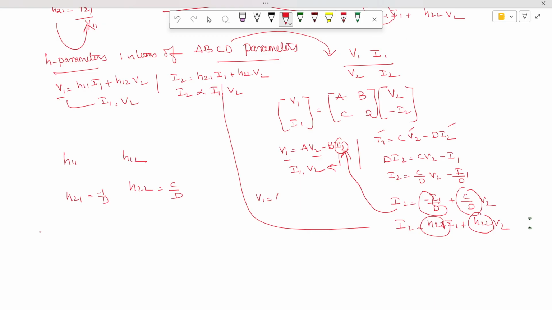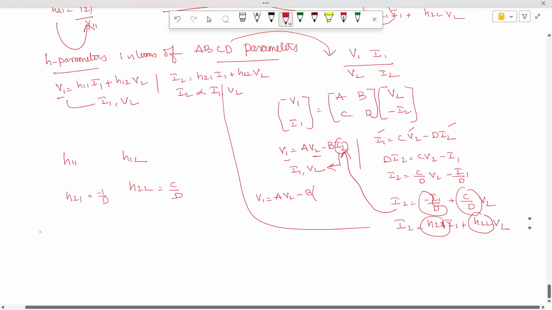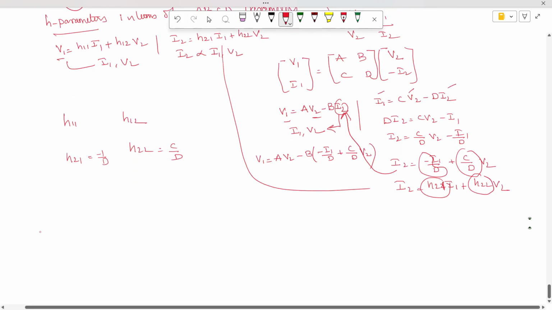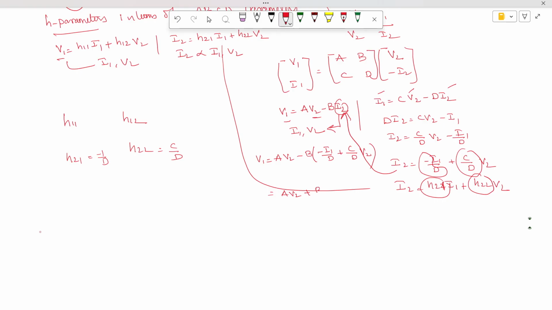So V1 is equal to A V2 minus B into I2, which is minus I1 by D plus C by D into V2. So that is A V2 plus B I1 by D minus BC by D into V2.